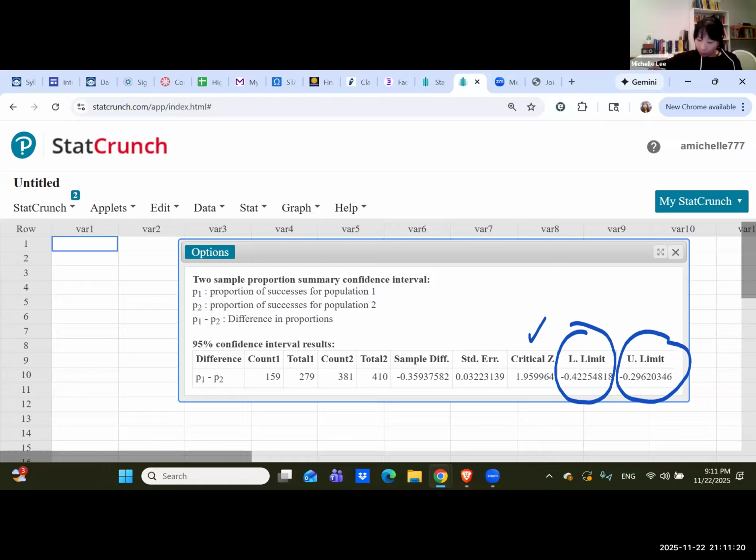Maybe we can check the margin of error without doing it by hand, by using StatCrunch. Okay, so margin of error. Let's check that. It's the Z critical value and then the standard error, right? The Z critical value is 1.96.